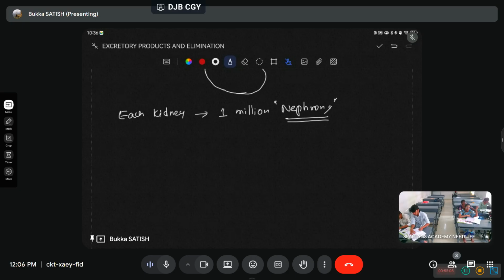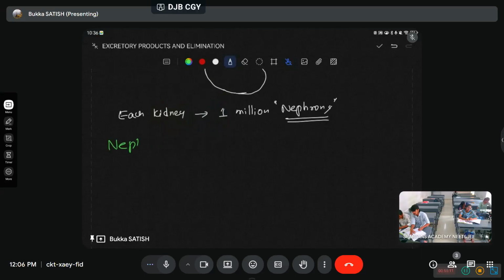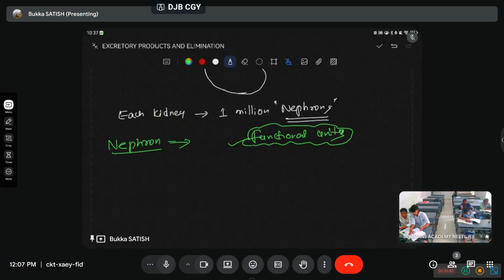These nephrons are considered the structural and functional unit of the kidney. At least we can say functional units, because other structural components are there. So these are the important units related to the function of the kidney.